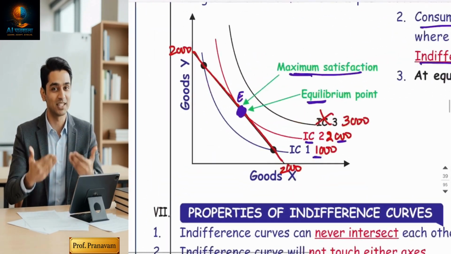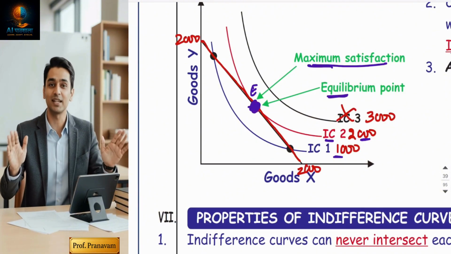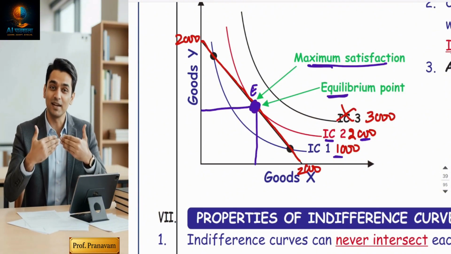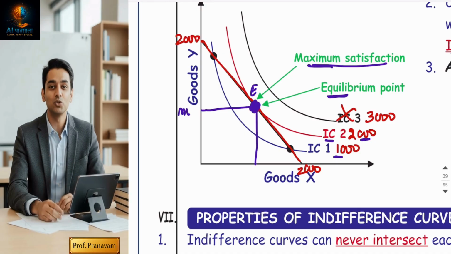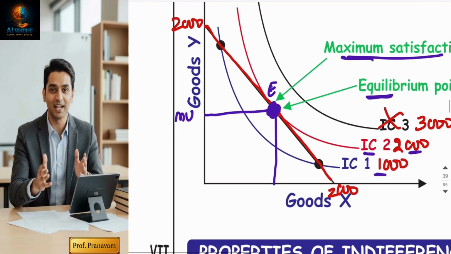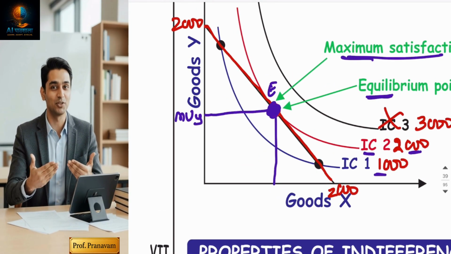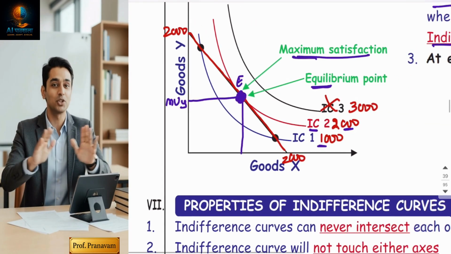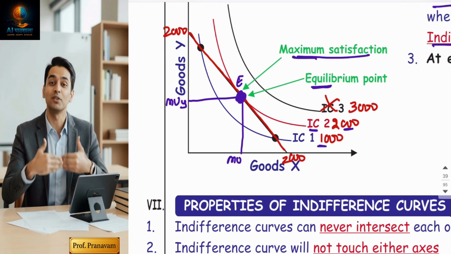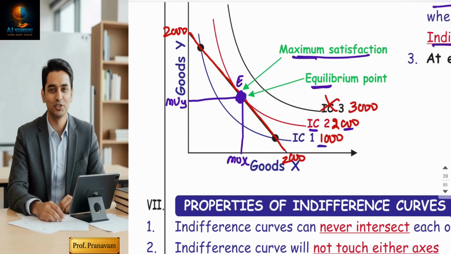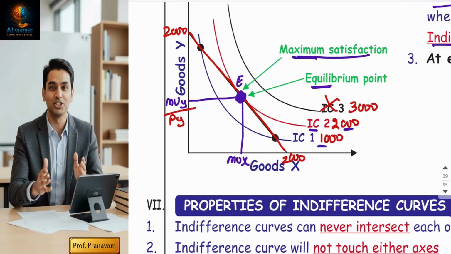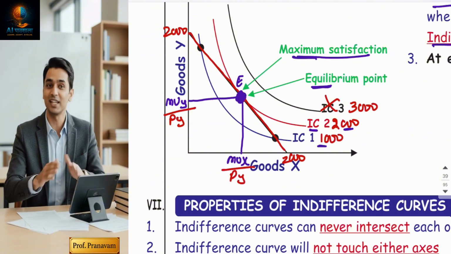Now, why is it called equilibrium? So listen, this is the point which I want to purchase. So I'll be purchasing this combination, indicating the quantity of Y, which will give me satisfaction MU of Y, and this MU of X, which I have derived by spending price of Y and price of X. And both are giving me equal satisfaction.